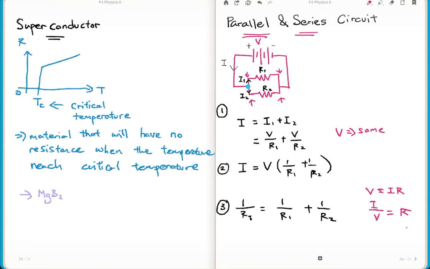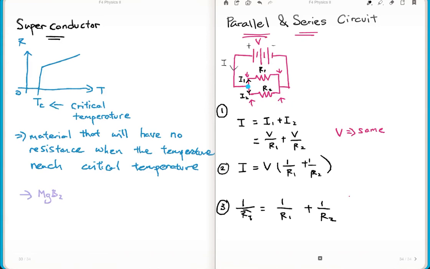Or the other way, without confusing you, the R total for a parallel circuit is related like this: 1 over RT equals 1 over R1 plus 1 over R2 plus 1 over R3.